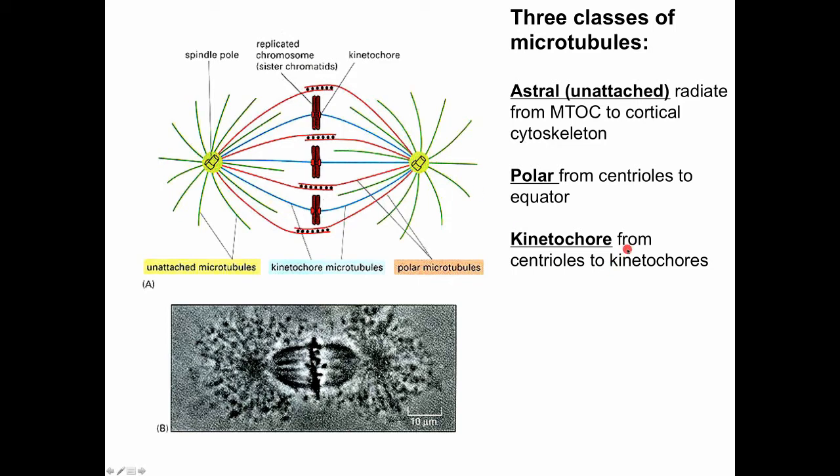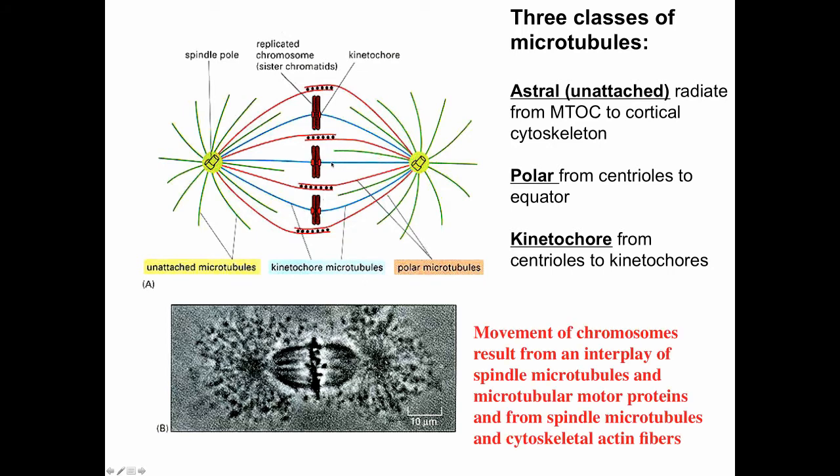And then of course there are kinetochore microtubules that emanate from the centrioles and attach onto the kinetochore in the chromosomes. Movement of chromosomes results from an interplay of spindle microtubules and microtubule motor proteins, and from spindle microtubules and cytoskeleton actin fibers.